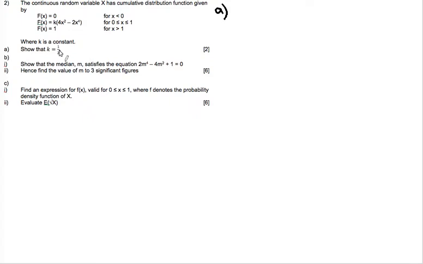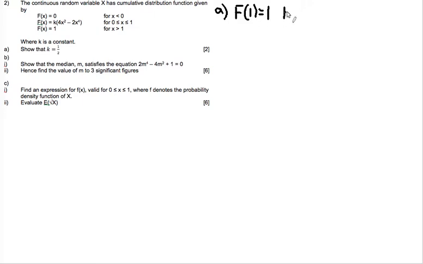What I want to do is use the property that if I put the maximum value of this function into the function, it will be equal to 1 because it will have accumulated the total probability. So what we're saying is F of 1 equals 1. We're going to use that property to set up an equation and solve the problem.